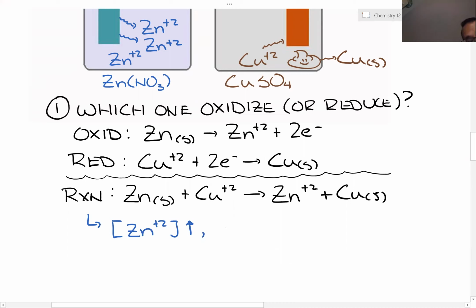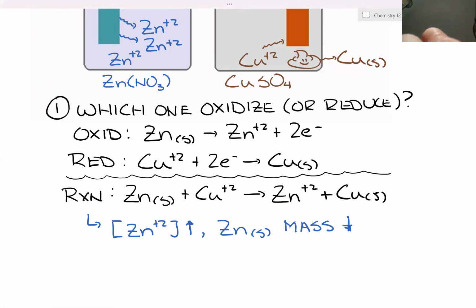And the copper solid, oopsie. Let's go back here. So zinc 2 plus ions increase, and the zinc solid mass decreases. Why? Because the solid is turning into ions.